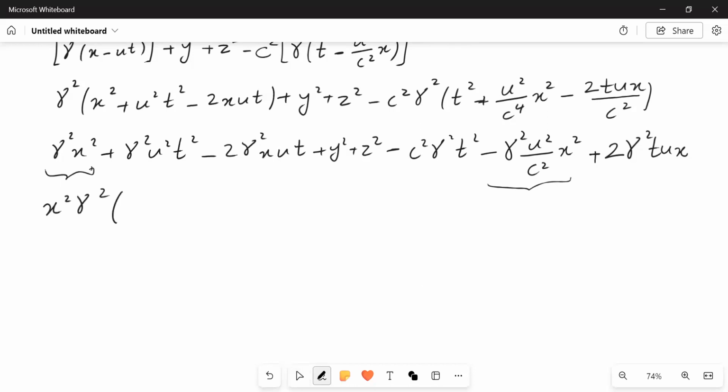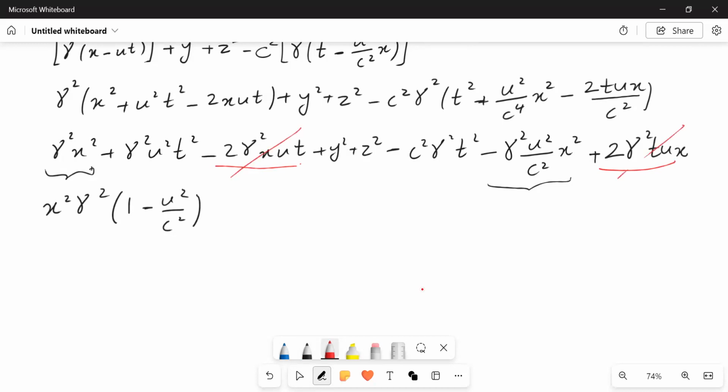Here I end up with 1, and here I end up with minus u squared over c squared. On the other hand, I can easily see that this term is exactly the same as this term, but with the opposite sign. So these two terms cancel each other. And as for y squared plus z squared, I'll keep it as it is. So here we have y squared plus z squared.